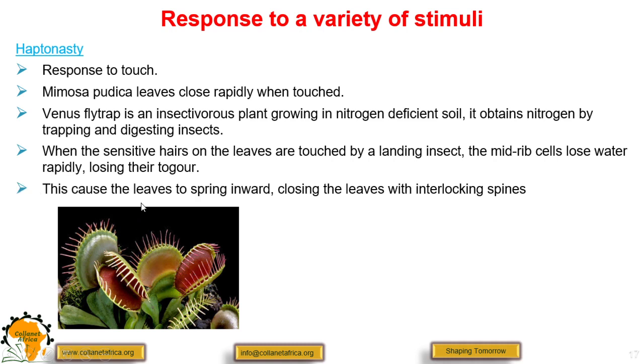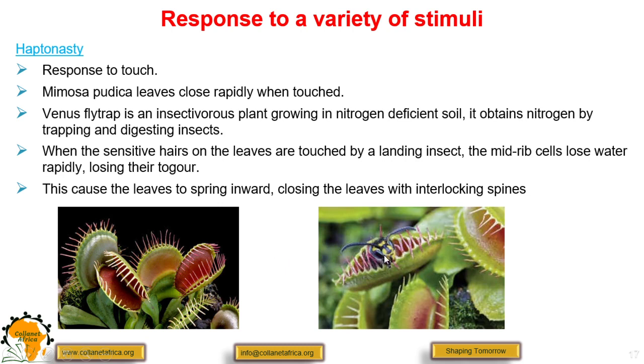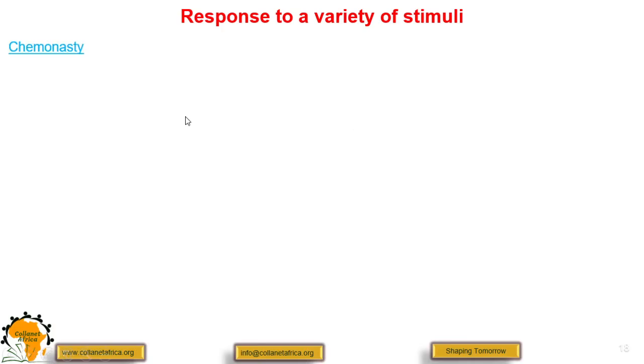This causes the leaves to spring shut, closing with interlocking spines. These are the interlocking spines, just as your fingers interlock. Now that insect is trapped inside here and digested. By the end of it, the plant will have obtained nitrogen.